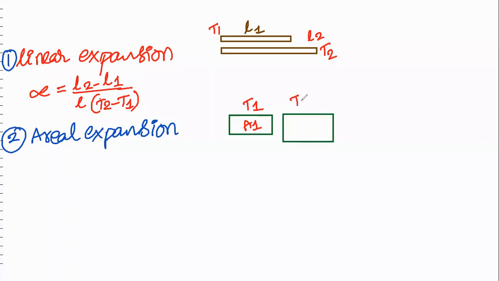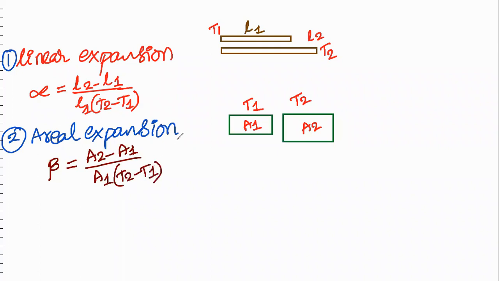Then the area is taken as A2. The areal expansion coefficient is taken as beta. Beta is equal to (A2 minus A1) divided by A1 into (T2 minus T1). The unit is per degree centigrade.